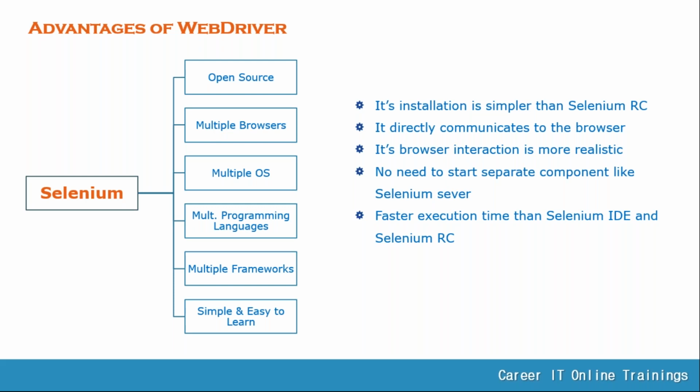That is create once and run anywhere. You can create your automation scripts on Windows and run the same scripts on a different operating system like Linux, Unix, and Mac.